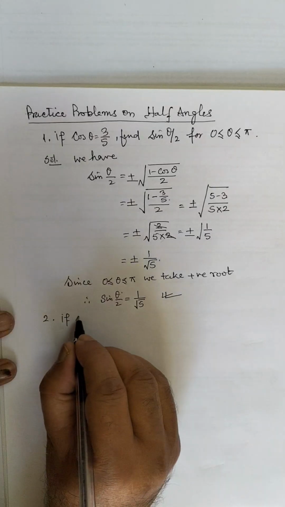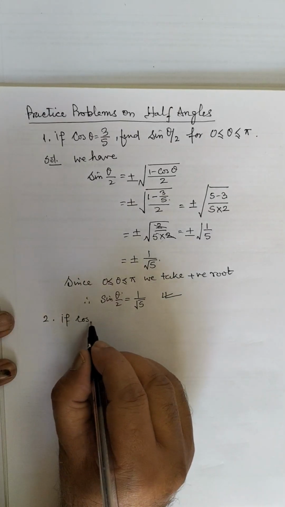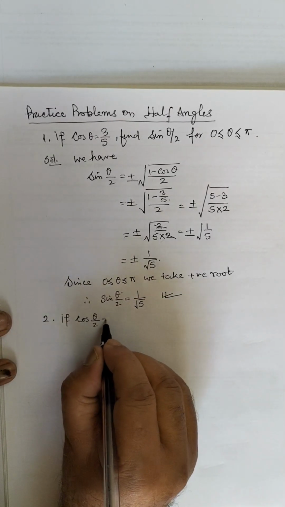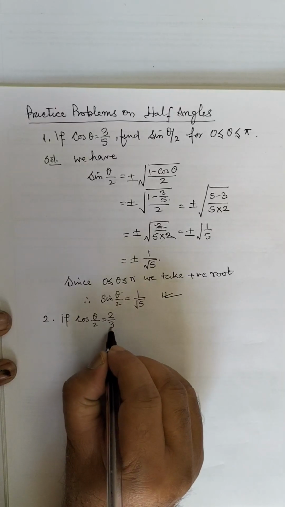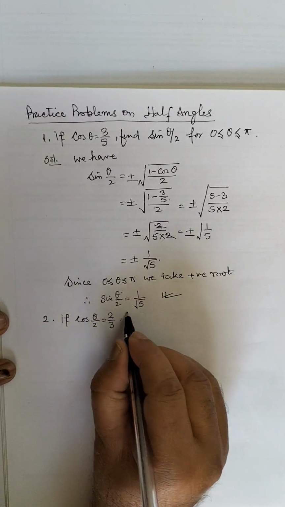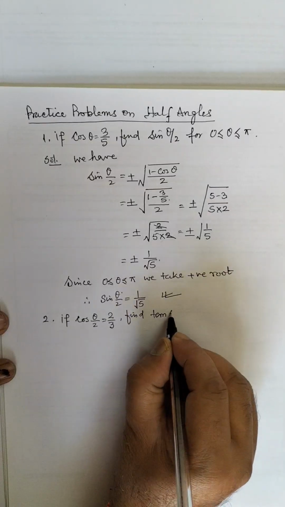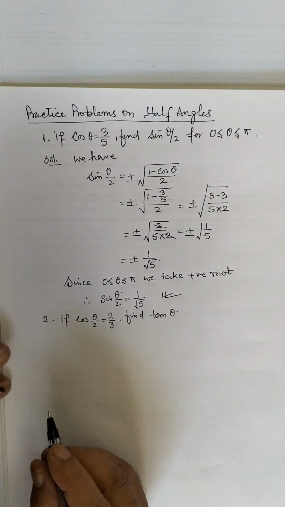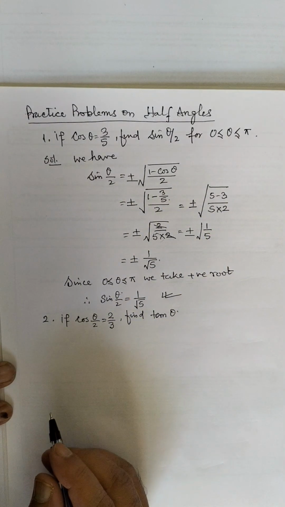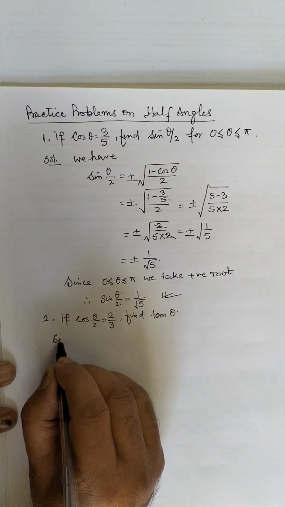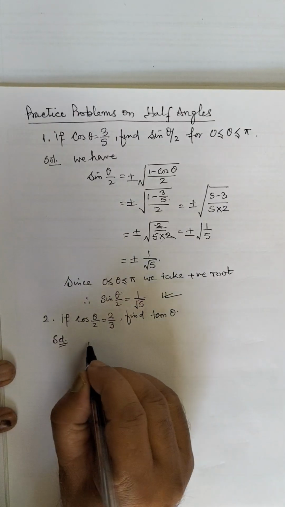If cos theta by 2 is 2 upon 3, now find tan theta. It's quite similar to the previous one. Let us see how to proceed with it.